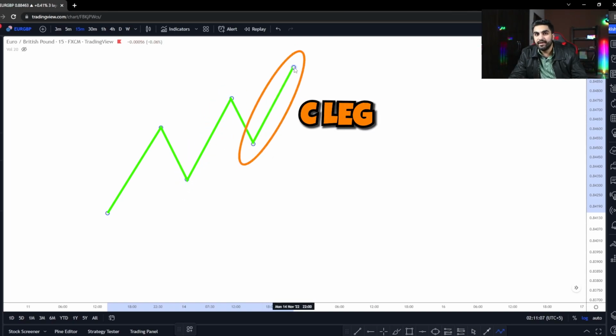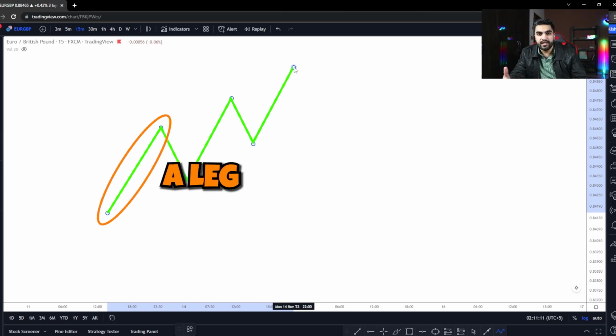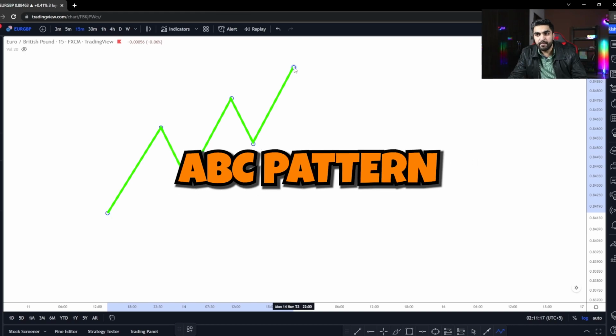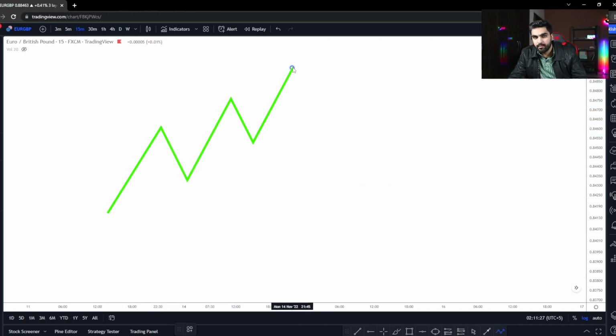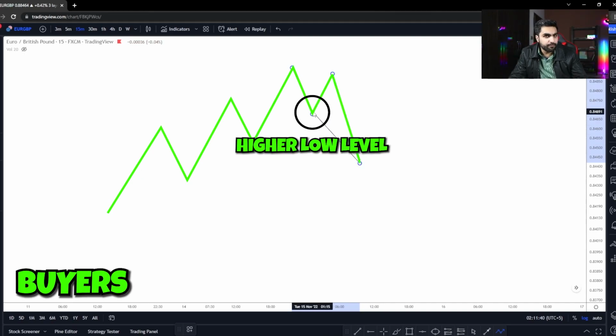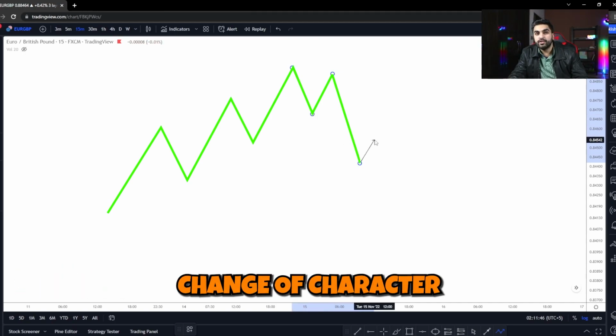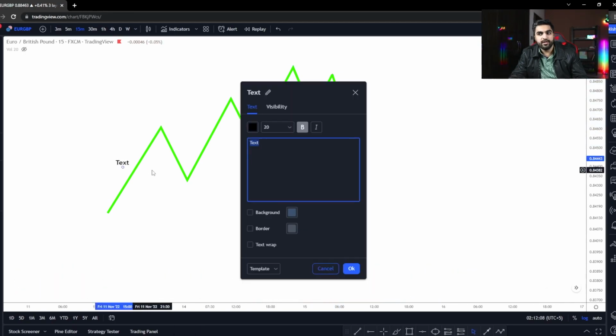After every time there is an A leg, B leg and C leg, meaning an ABC pattern, if the market makes a choke here, meaning the market tries to go up again but fails and breaks the higher low level in case of buyers and the lower high level in case of sellers, that will be our change of character. So I'm going to mention here that this is an A leg of my ABC pattern, it's a B leg, and here I have a C leg.